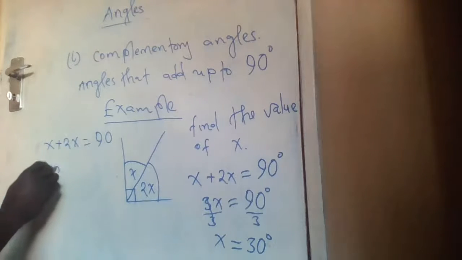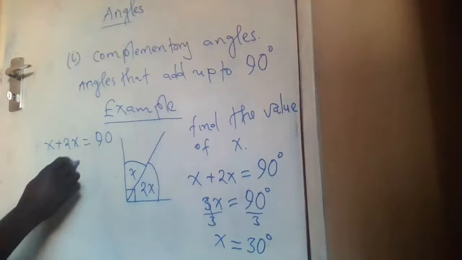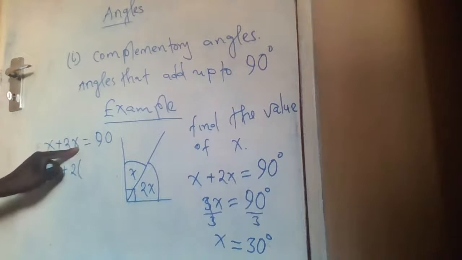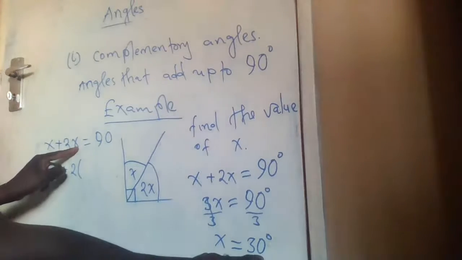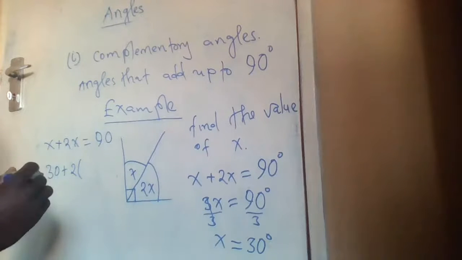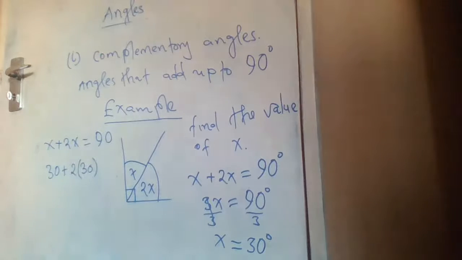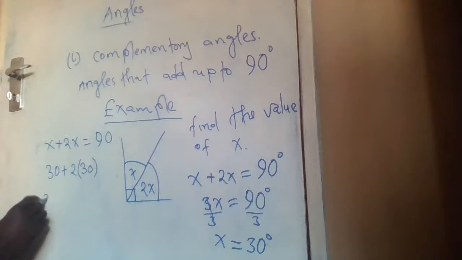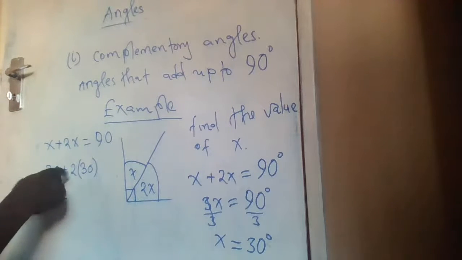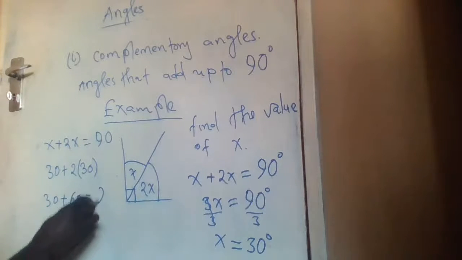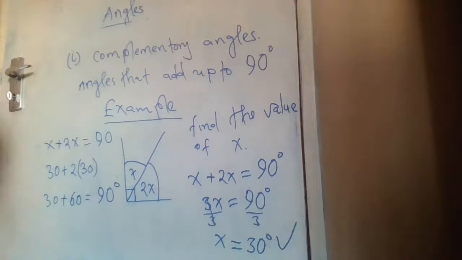So 30 plus, remember, when you have 2x, you're multiplying 2 with the value of x, and the value of x this time around is 30. So we have 30 plus 2 times 30, which gives us 60, and when we add that, it gives us 90 degrees. That means the value of x is perfectly well.